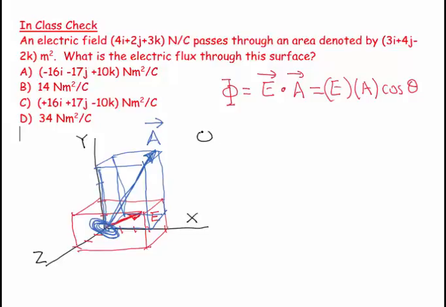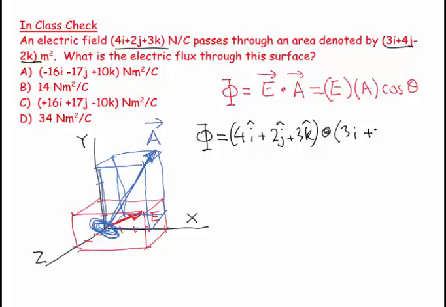What I'm going to say is that my flux is equal to my vector E, which is 4I plus 2J plus 3K, with my little hats on, dotted with my area vector, which is 3I plus 4J minus 2K.